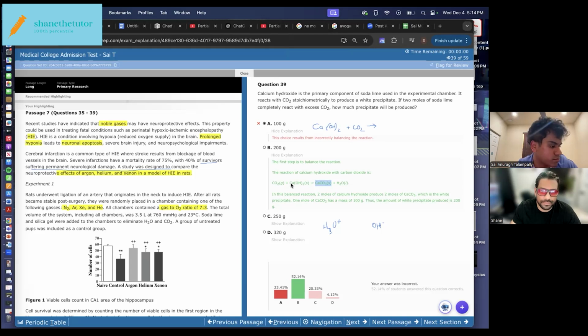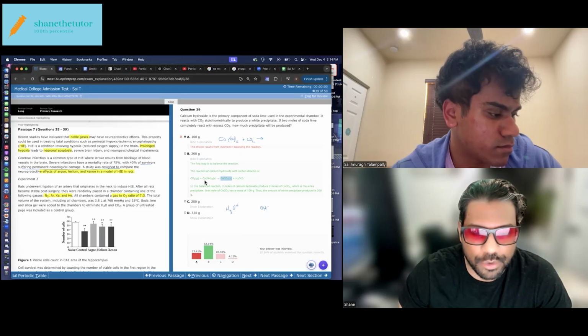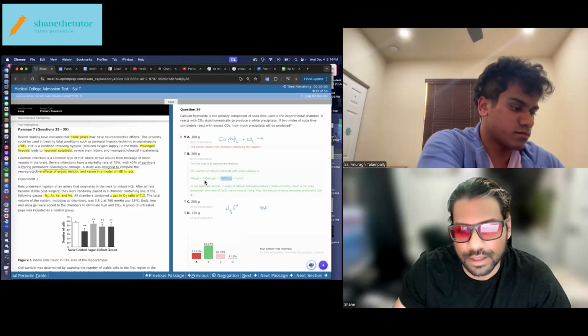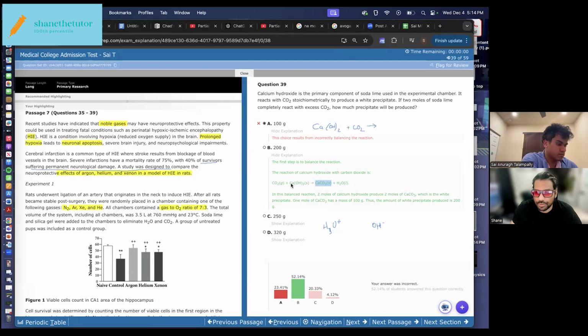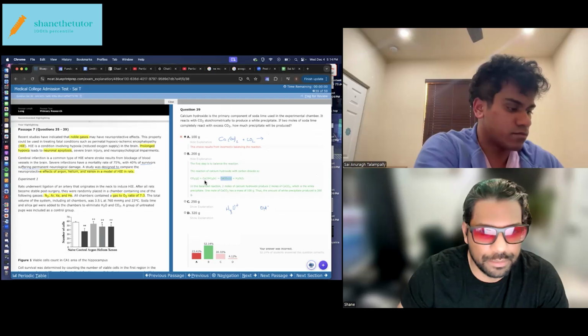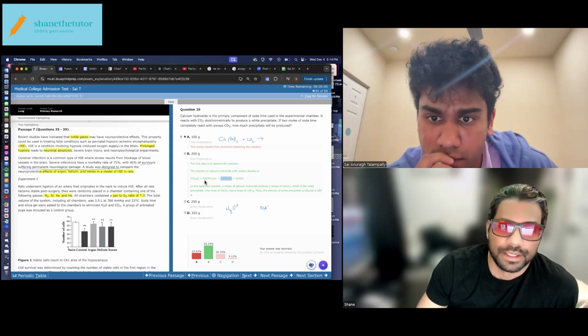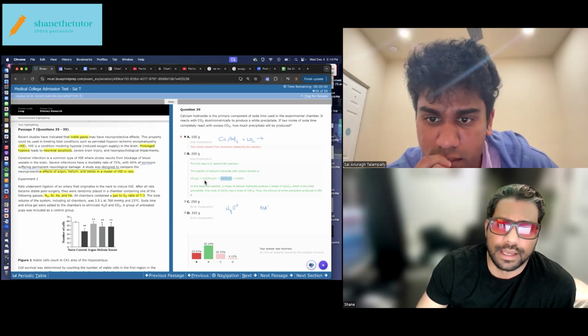But yeah, that's typically what we see happen. So here though, they're reacting it with CO2. So we still want to see a water produced.